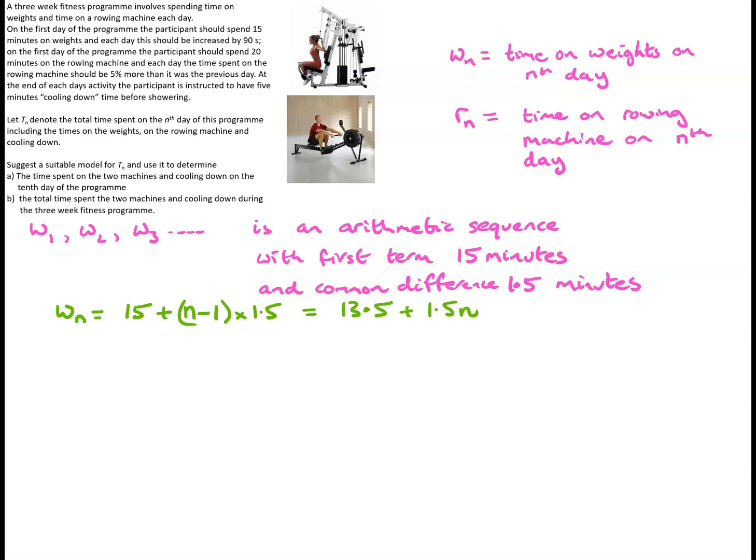For the rowing times, we know the rowing time for the first day is 20 minutes, and that each day the rowing time should be increased by 5% of its previous value.